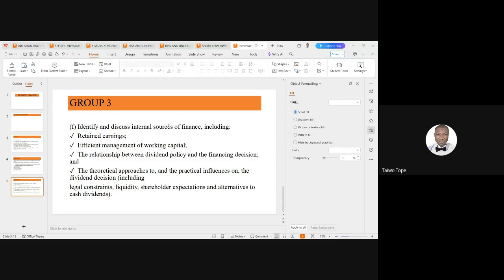So instead of giving back cash or crediting your accounts with a stipulated amount, you can decide to give you bonus shares for every share you have, and you can decide to do what we call share buyback in an organization.